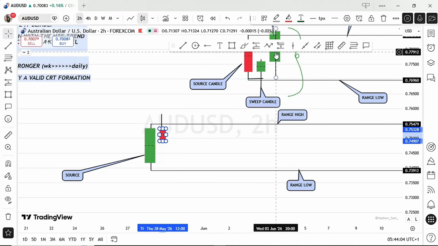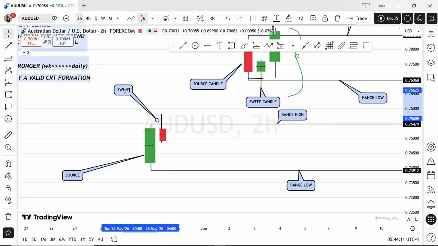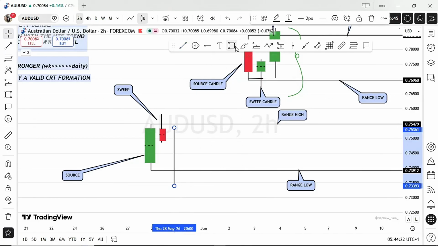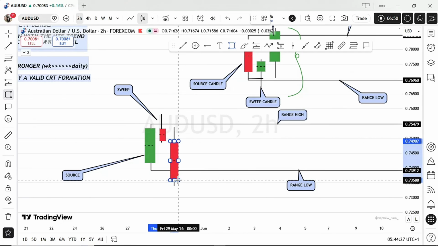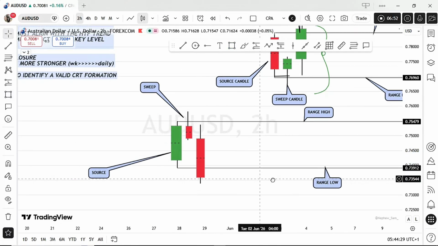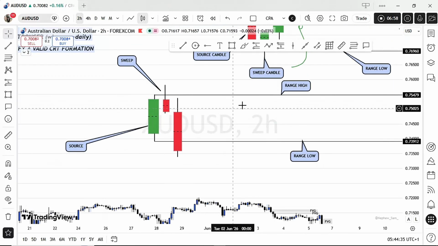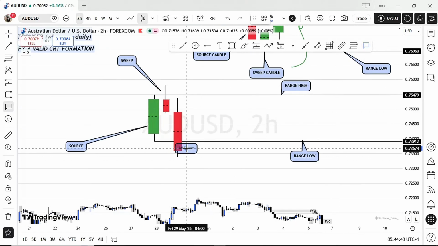This is the sweep candle. Then the third candle will often complete the circle, right? You can see it will open here and break below the range. So this is our sweep candle and this is our expansion candle.